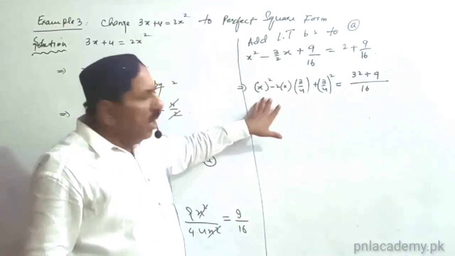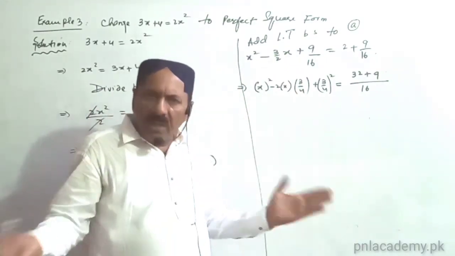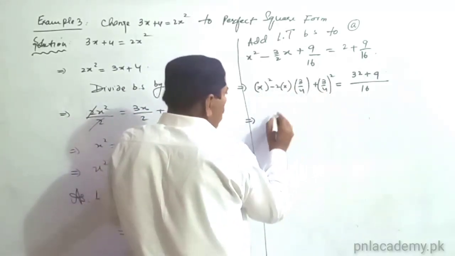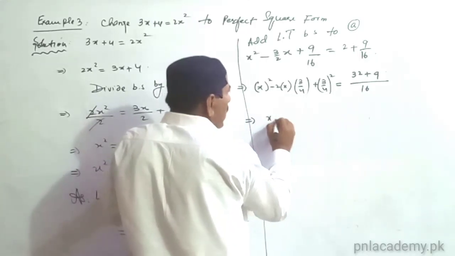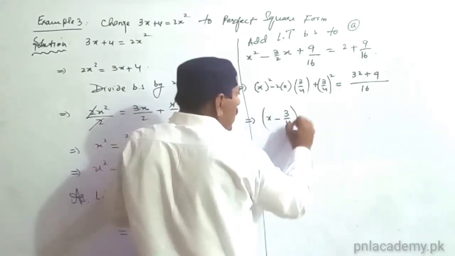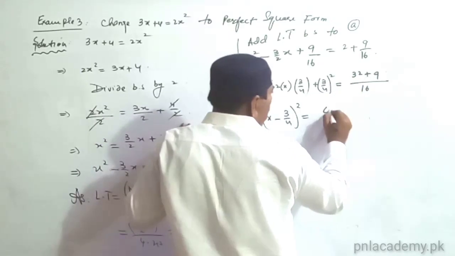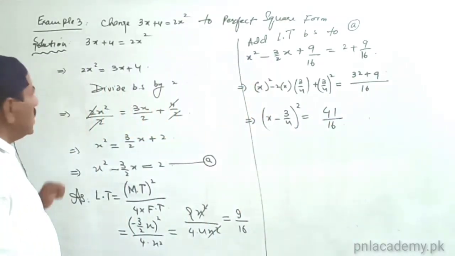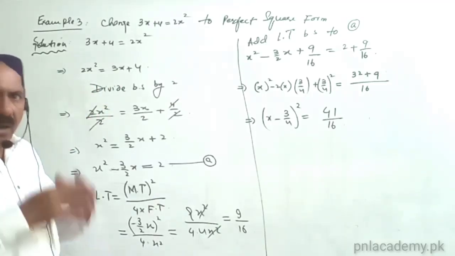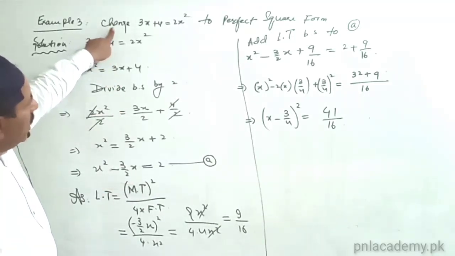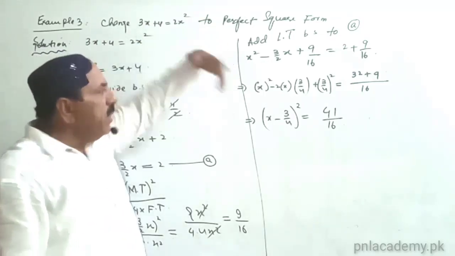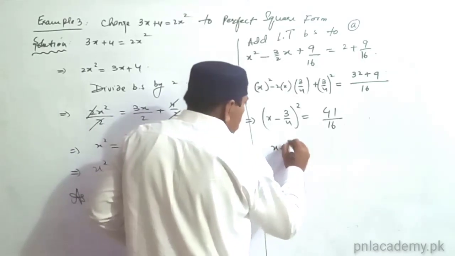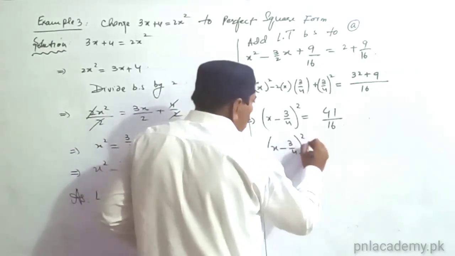So now the formula is according to a square minus 2ab plus b square. We also know that a square minus 2ab plus b square is a minus b whole square, meaning x minus 3 upon 4 whole square is equal to 41 upon 16. So the assignment is that we have to change this into a perfect square form. So this will be x minus 3 upon 4 whole square.